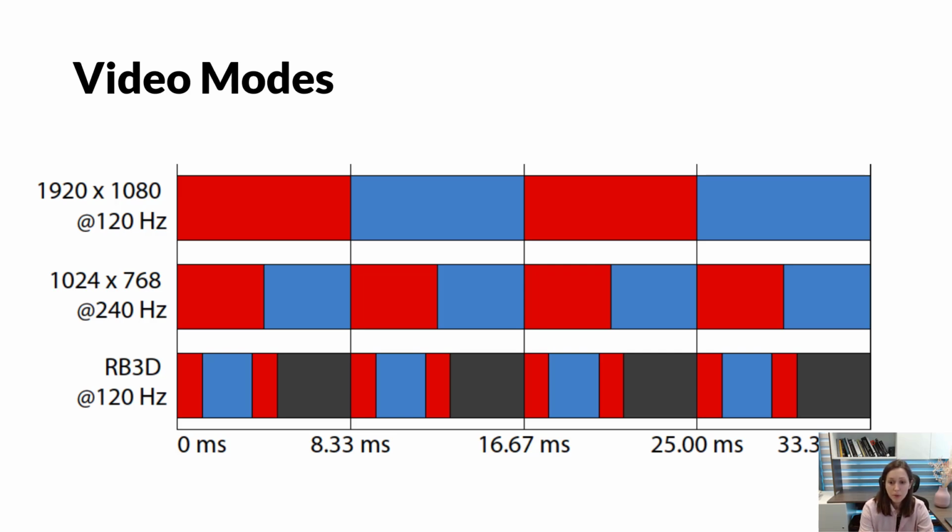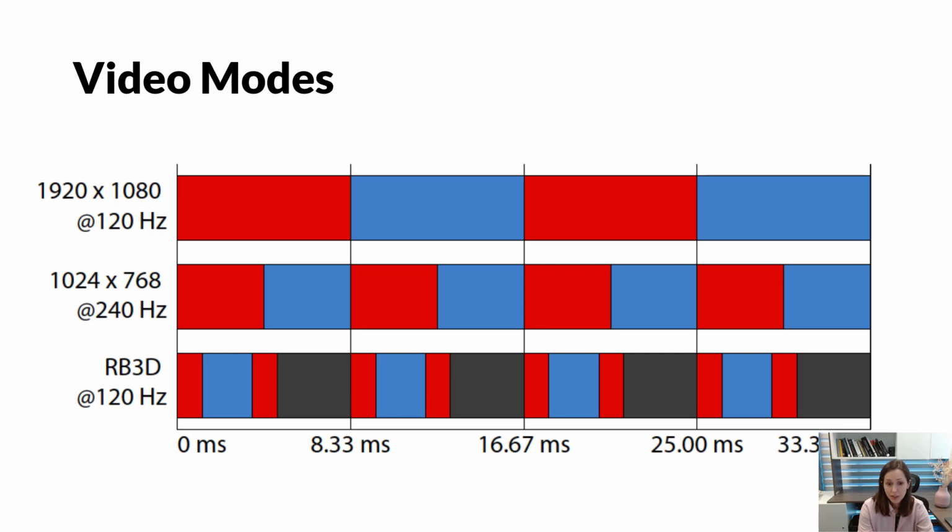In the simplest implementation, you can set up the Propix in its native video mode and display a new full-resolution image at 120 Hz, so every 8.33 milliseconds. So, we could synchronize the 3D signal such that we alternate between a left and a right eye image every other frame.